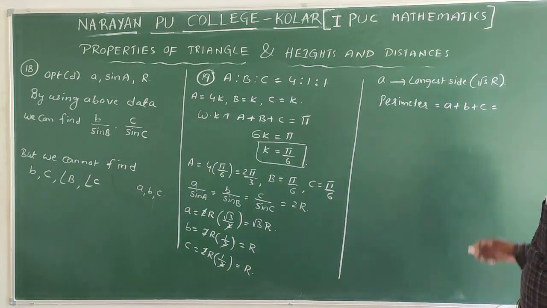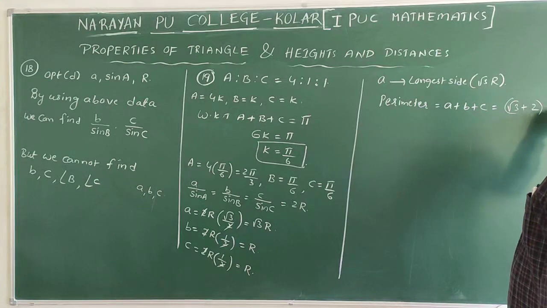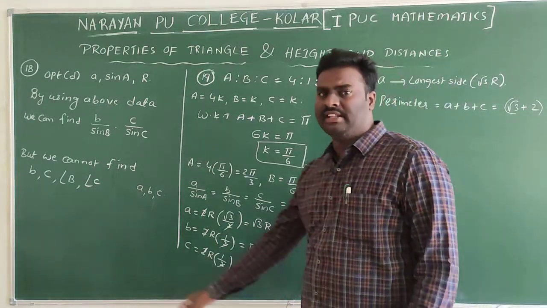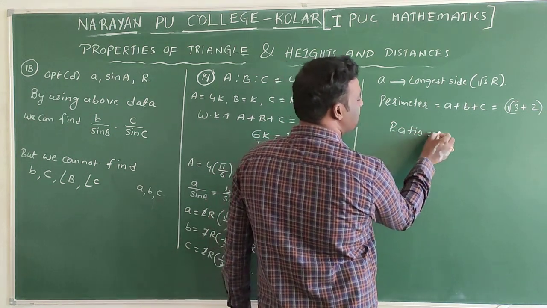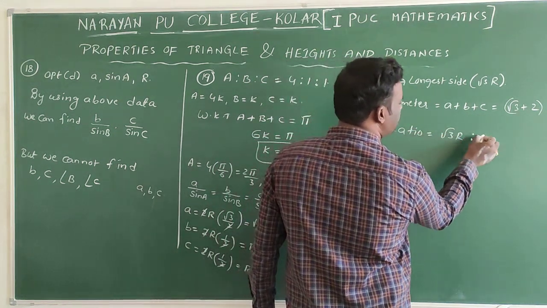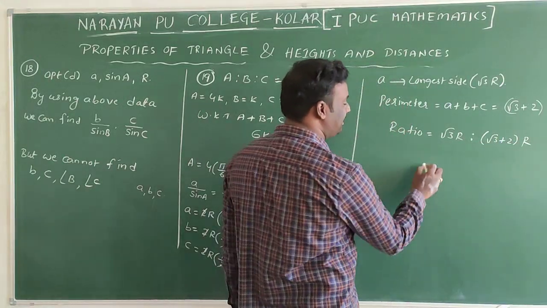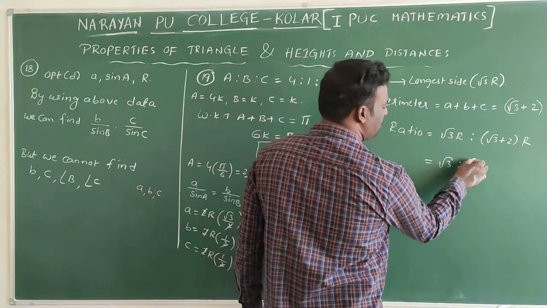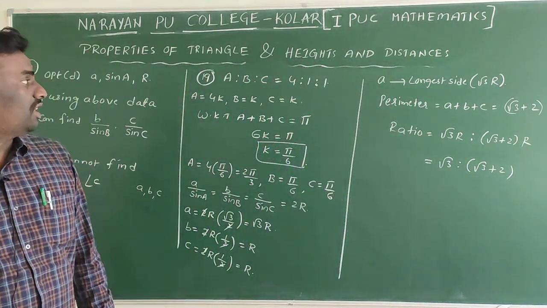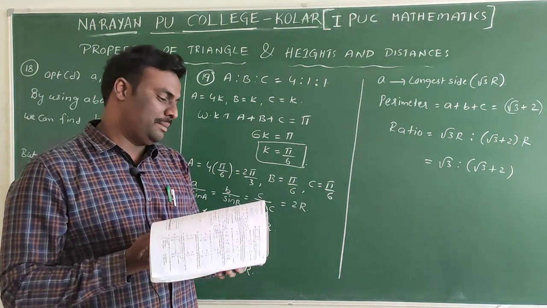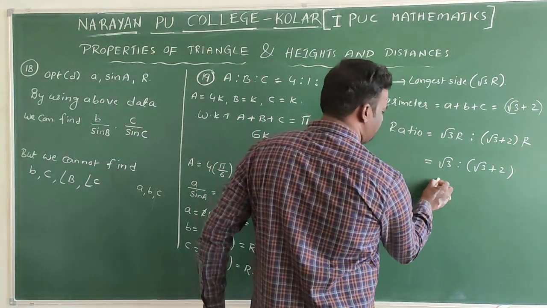So R common, root 3 plus 2 into R. We need to find the ratio of these two. Then the ratio is root 3 R is to root 3 plus 2 into R. Now R and R get cancelled. Therefore, the ratio of the longest side and its perimeter is root 3 is to root 3 plus 2. That is nothing but option A, the correct answer.